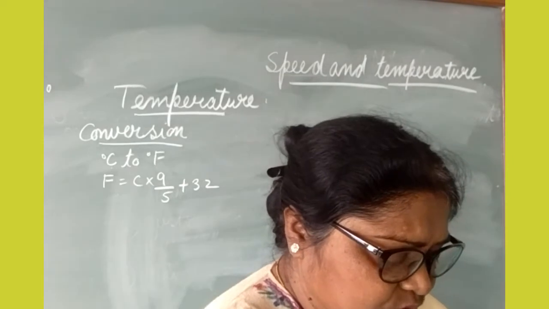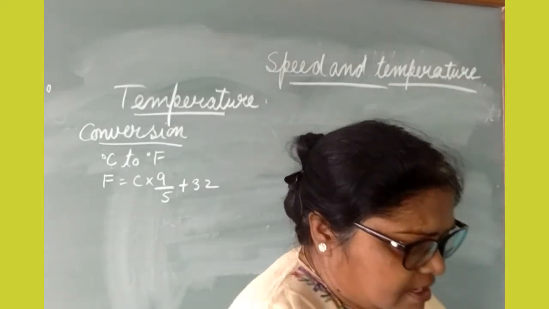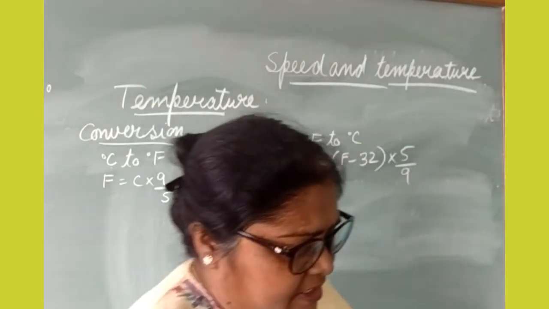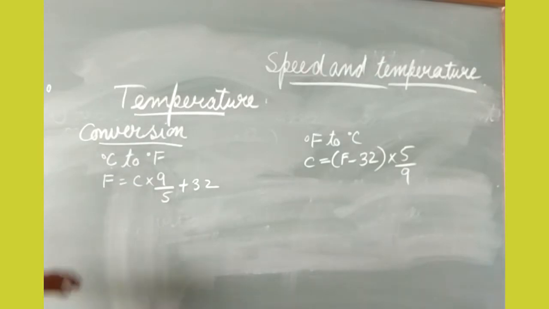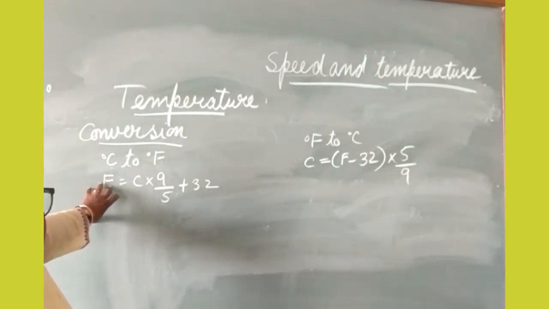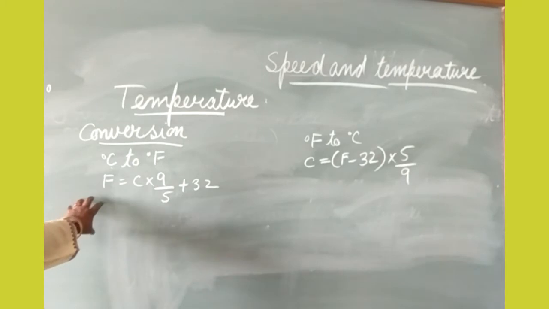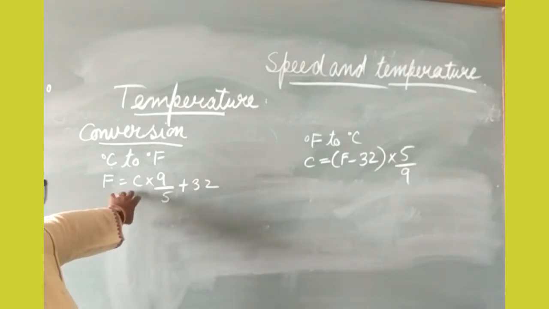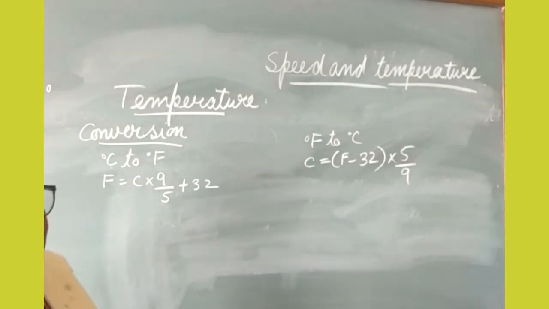So today you will learn some conversions: Celsius to Fahrenheit and Fahrenheit to Celsius. To convert Celsius to Fahrenheit, we use this formula: F equals C into 9 by 5 plus 32.